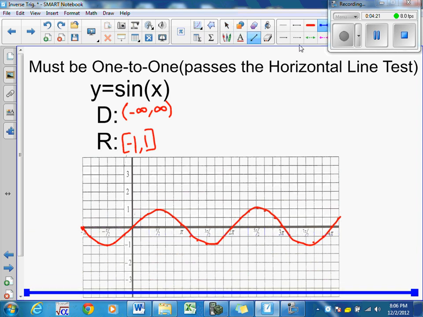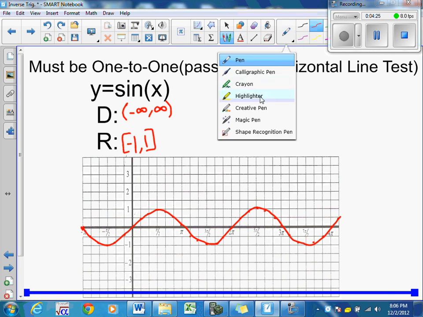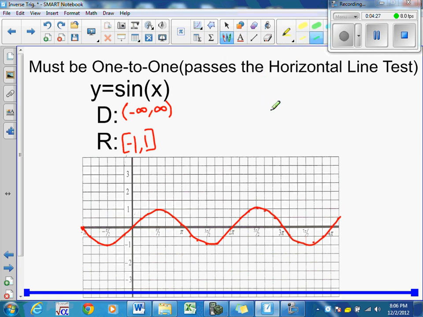Here's what we're going to do. As I look at sine, I want to change my domain, but not change the range. So I'm going to get rid of the domain, come up with something new, but I don't want to change my range.